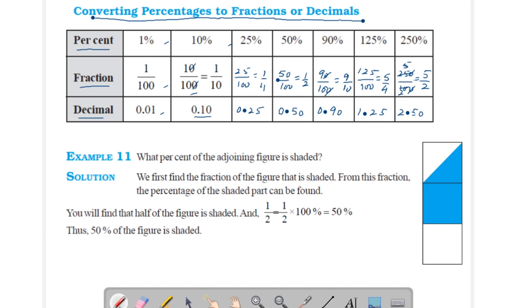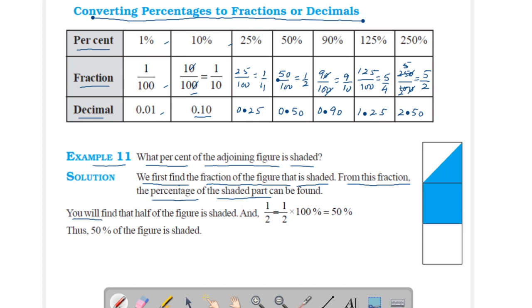Now come to example 11. What percent of the adjoining figure is shaded? See the solution. We first find the fraction of the figure that is shaded. From this fraction, the percentage of the shaded part can be found.